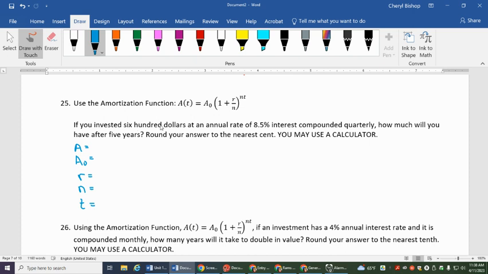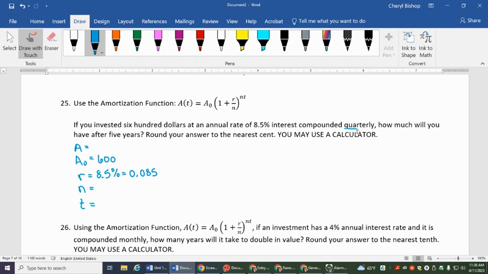If you invested $600, so that's what I'm starting with, at an annual rate of 8.5% interest, so that's my rate, R, which remember we're going to write as a decimal, 0.085.